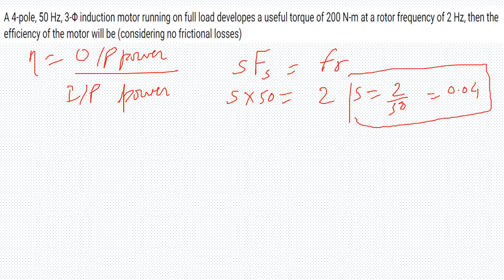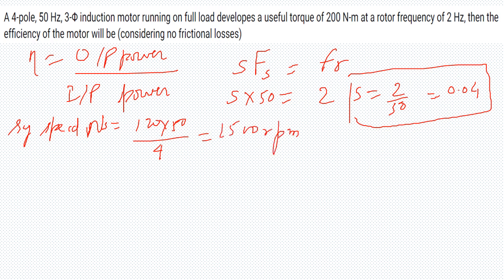Now once we have the slip, we can calculate the speed of the rotor. First calculate the synchronous speed. Synchronous speed ns is equal to 120 into f, which is 50, by P. P is 4, so this is 1500 rpm.